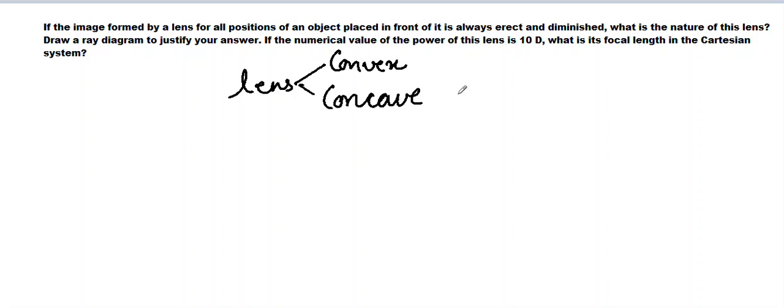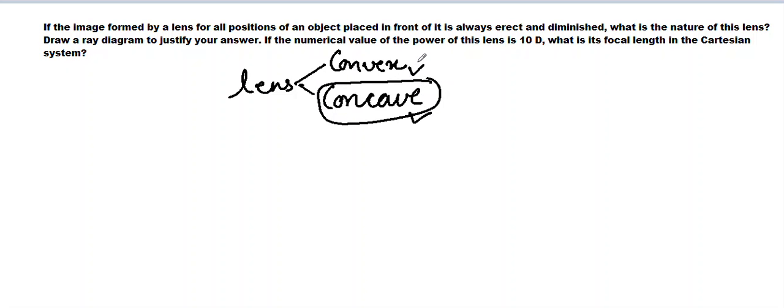The convex lens forms both erect and inverted images depending upon the positions of the object in front of the lens. However, the concave lens always forms an erect and diminished image for all the positions of an object in front of it. Therefore, our answer is concave lens.